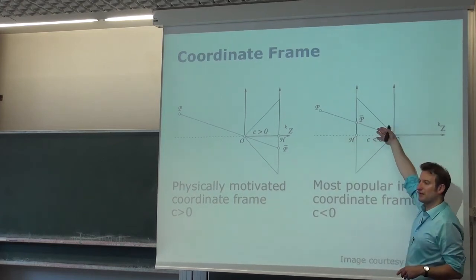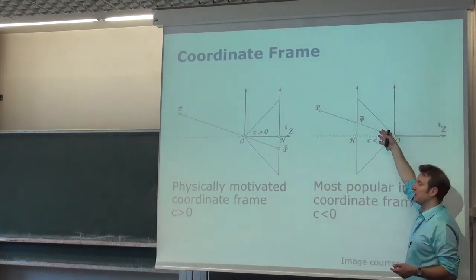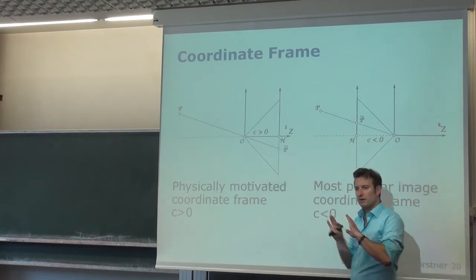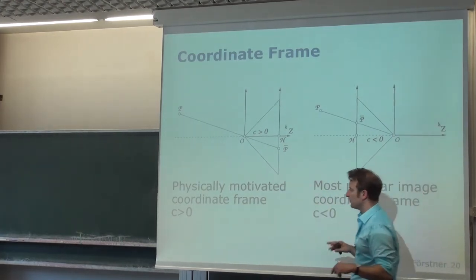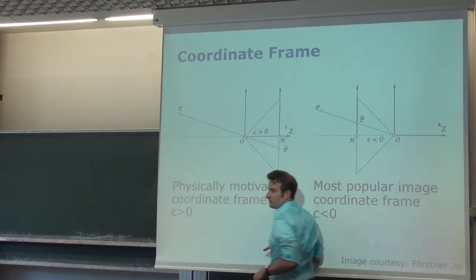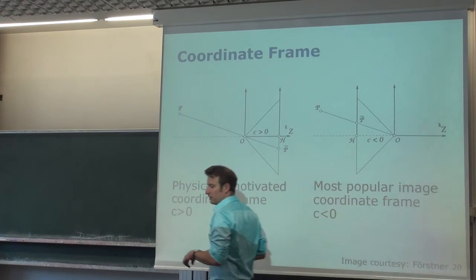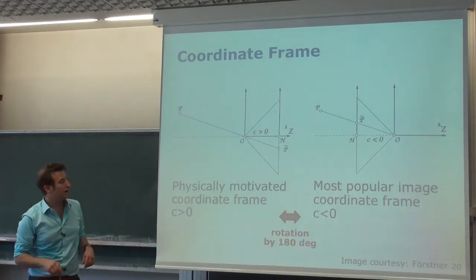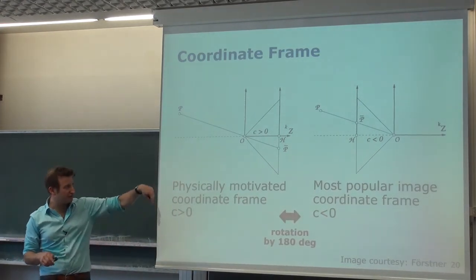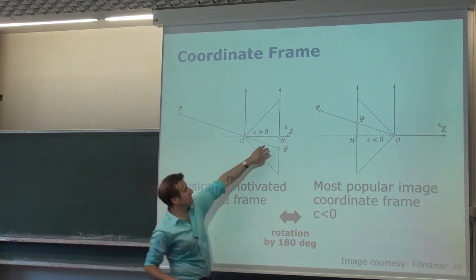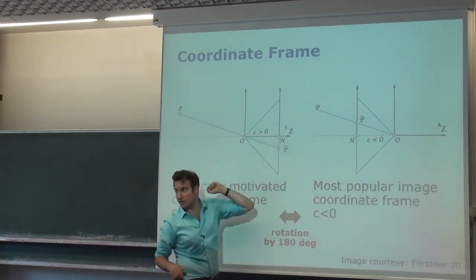And then the image also does not stand upside down as it would be the case here. Things work exactly the same way, just once c is larger than 0 or c is smaller than 0. And we actually stick here with this one. Again, the equivalent is just a rotation of the image plane around the origin by 180 degrees.